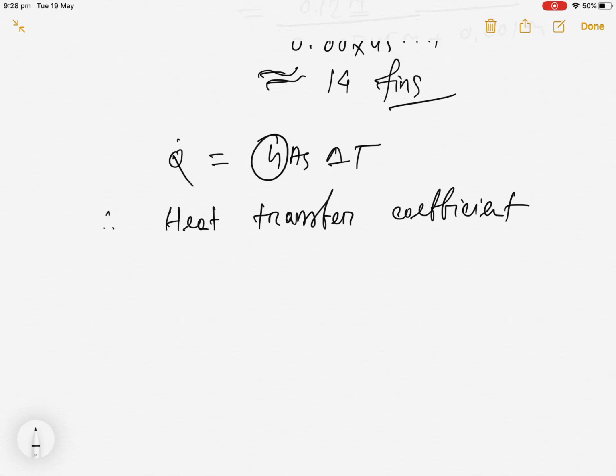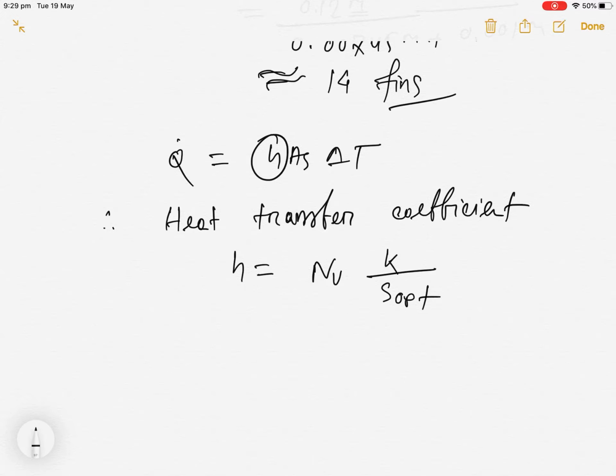This is actually equation 9.33 we discussed during the lecture. It is the Nusselt number, the thermal conductivity, and the optimum spacing.